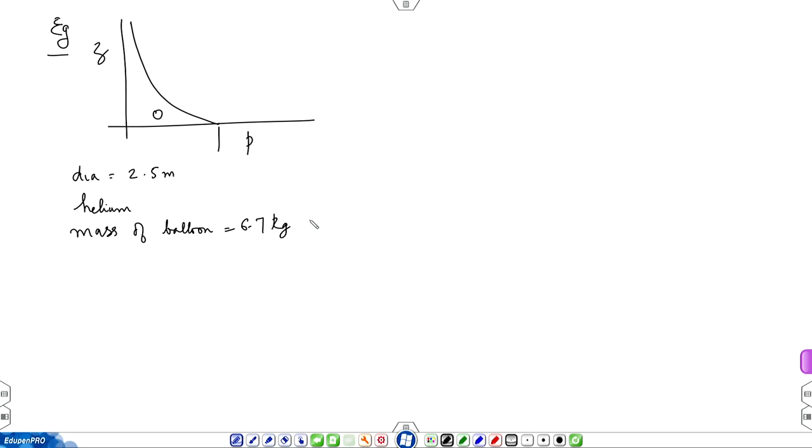So, at z equal to 0, let us say rho is equal to 1.2 kg per meter cube. Now, if it is an exponential variation for pressure, exponentially decreasing pressure, and let us say temperature is sensibly constant, slightly decreases, but more or less constant, what will be the variation of density?